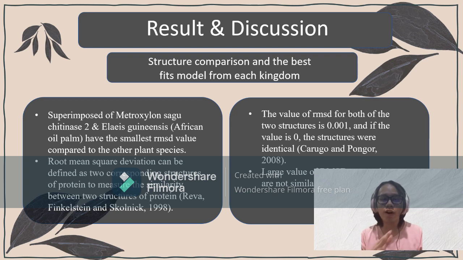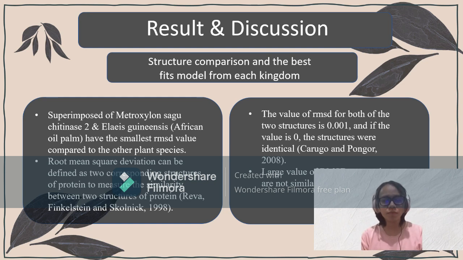Therefore, the value of RMSD for both of the two structures is 0.001, and if the value is 0, it means the structures were identical, while a large value of RMSD means they are not similar.